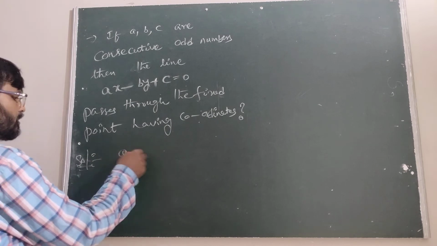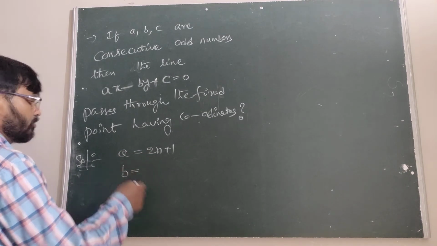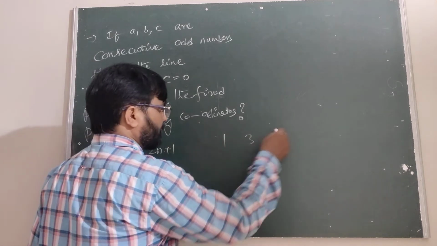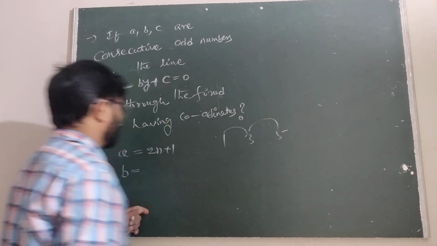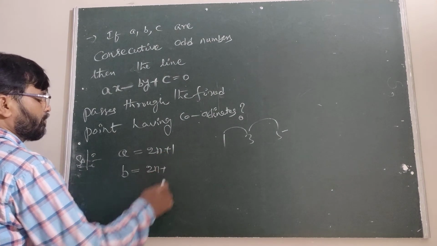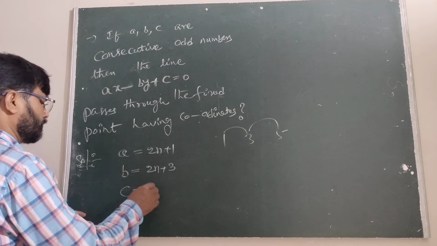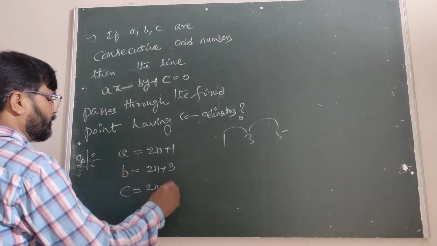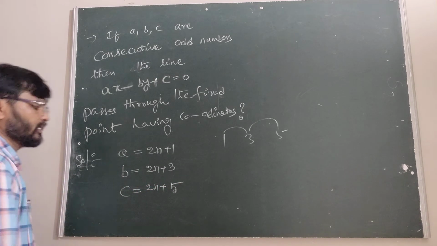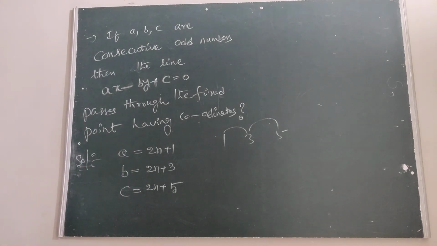Suppose a is the odd number 2n plus 1. Then the successive number, suppose we are taking 1, 3, 5, we add 2. Therefore, this is 2n plus 1 plus 2, that is 2n plus 3. After that, c is 2n plus 5. These are the successive, consecutive odd numbers.